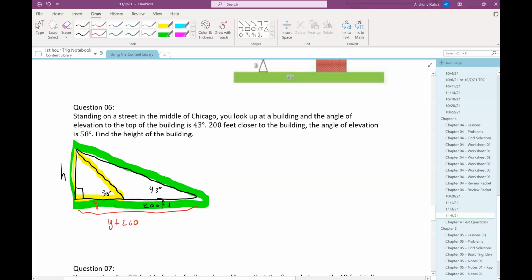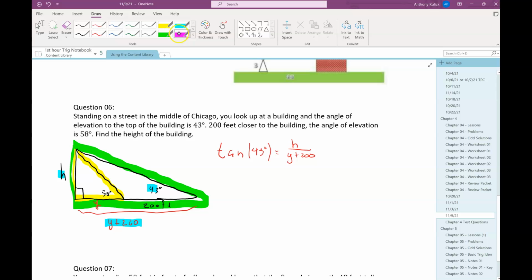So now I have two right triangles, so I can say, if I look at this angle, I'm interested in the opposite and the adjacent sides. So I can write that with tangent is opposite over adjacent.